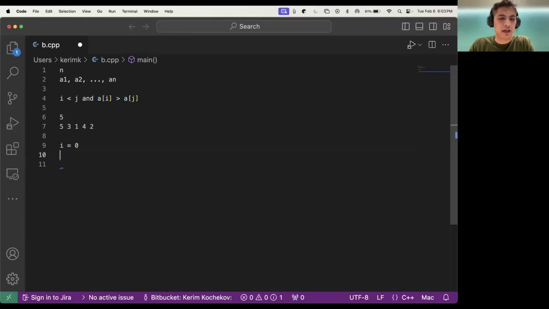For i equal to 1, we will have 2 inversions. For i equal to 2, we will have none. For i equal to 3, we will have 1. And finally, for i equal to 4, we don't have any j's remaining on the back. So in total, we will have 7 inversions in the entire array.